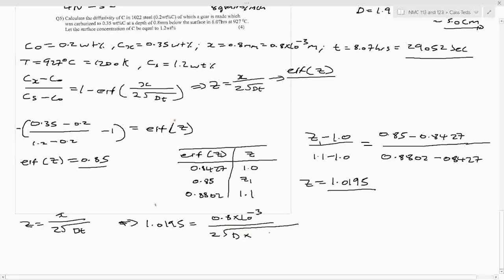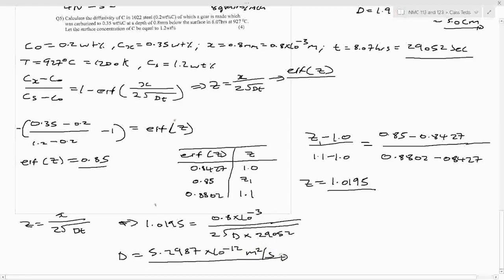The t value that we got is 29,052 seconds. So once you resolve, you find the value of D to be 5.2987 times 10 to the minus 12 meters squared per second.